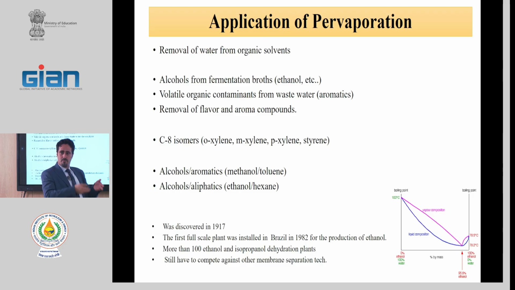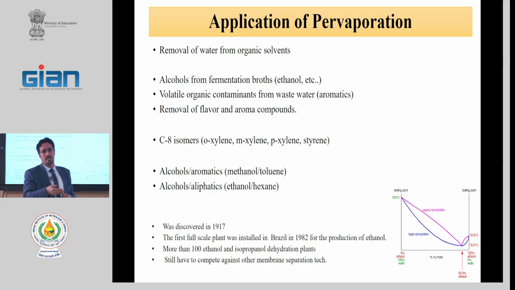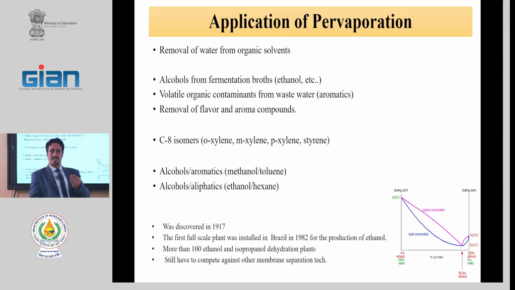When we boil this solution, the composition of alcohol and water in the gas is similar to the liquid phase, and we cannot separate the 4% of water from ethanol.